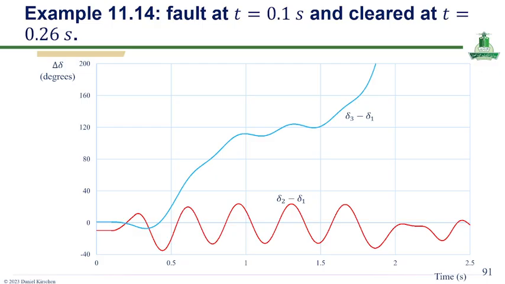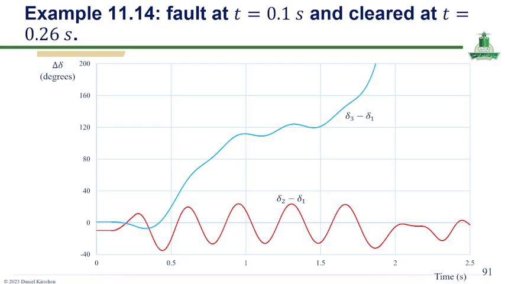The figure shows the rotor angle differences, delta 2 minus delta 1 in red color and delta 3 minus delta 1 in blue color. Compared with the previous case, the additional delay in clearing the fault significantly affects system stability.